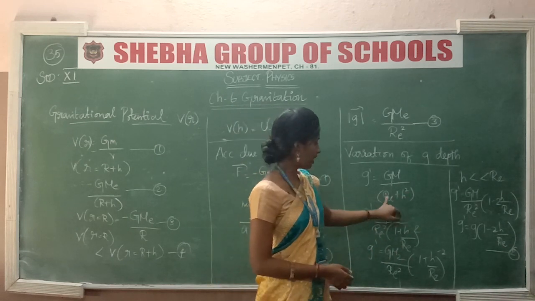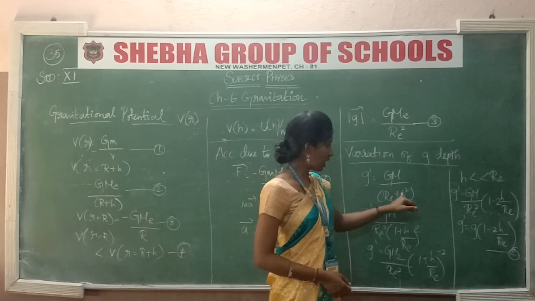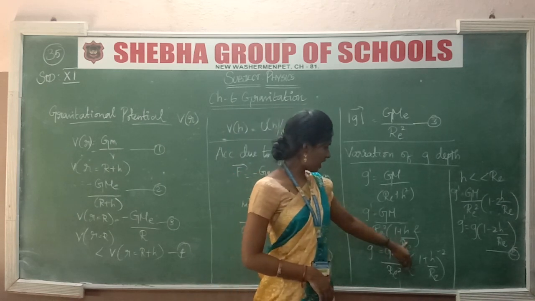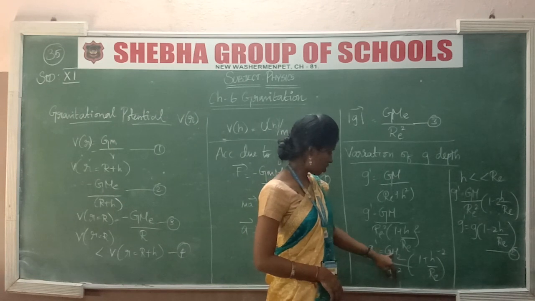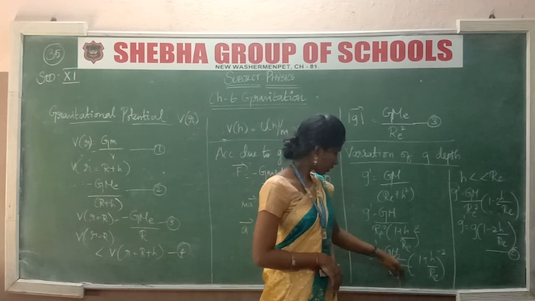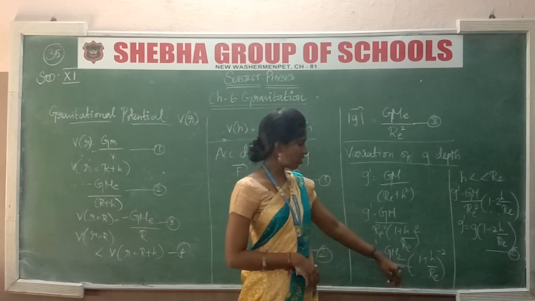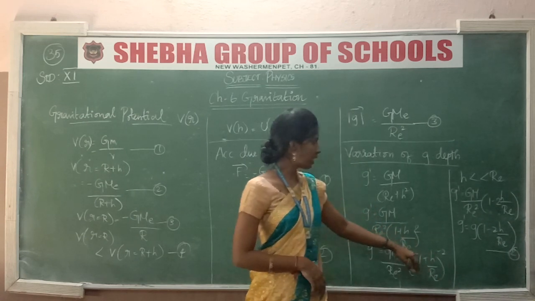The R e goes in plus, so when we cross multiply we get (R e plus h) square. So g will be calculated, so 1 plus h divided by R e. g' is equal to G M, mass 1 and 2 we calculate, divided by R e square, 1 plus h divided by R e, it's a power of minus 2.